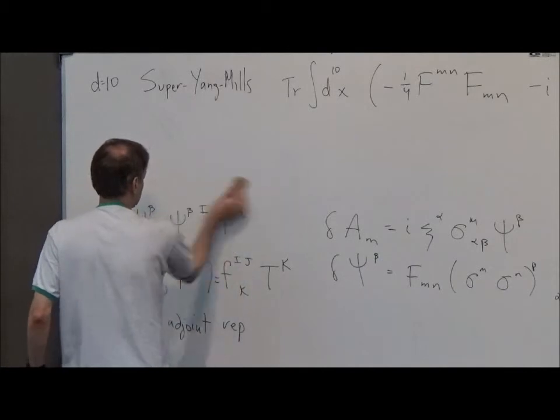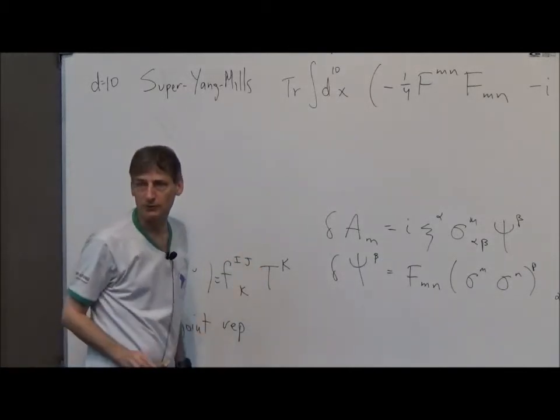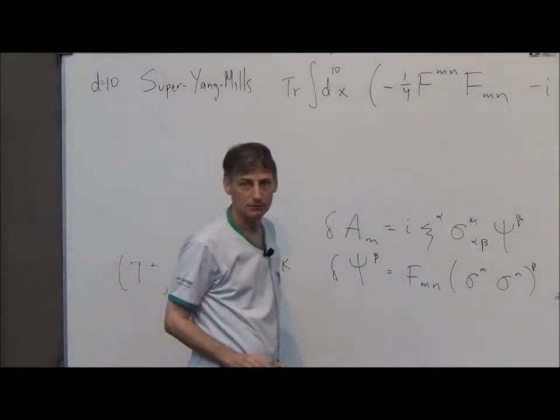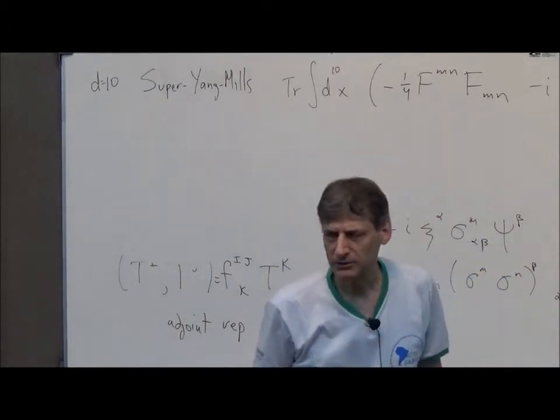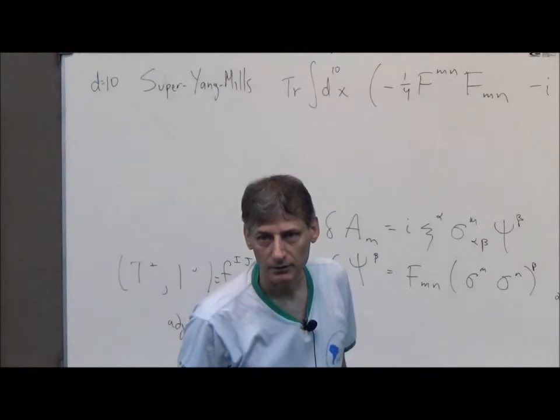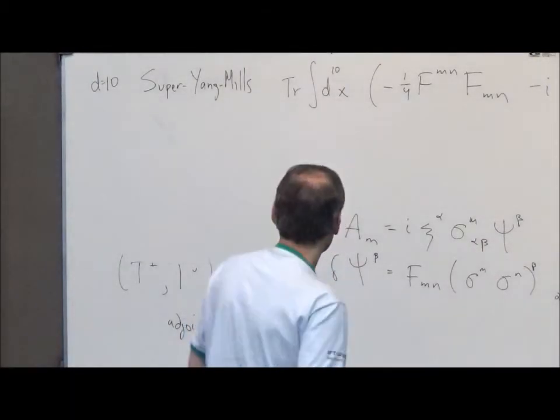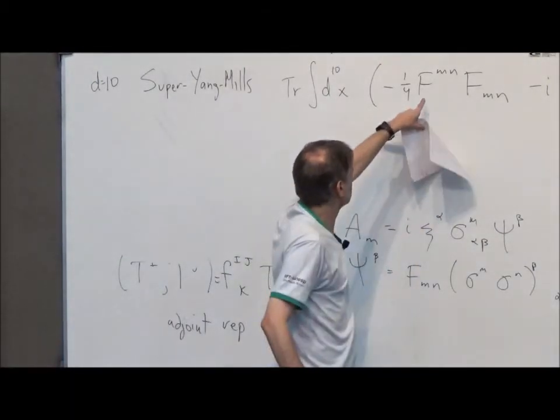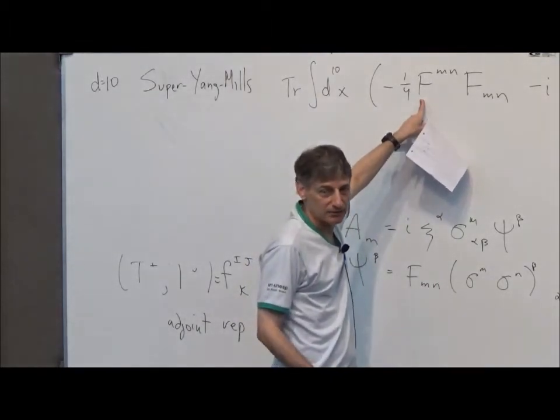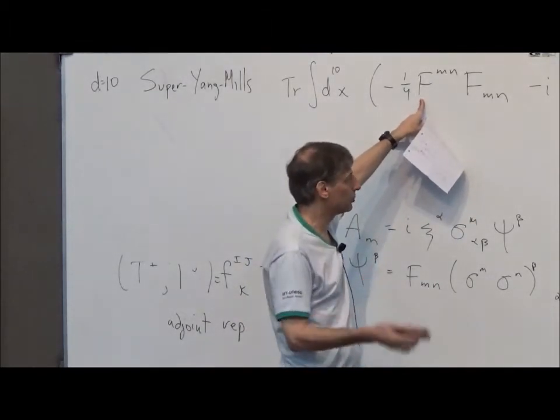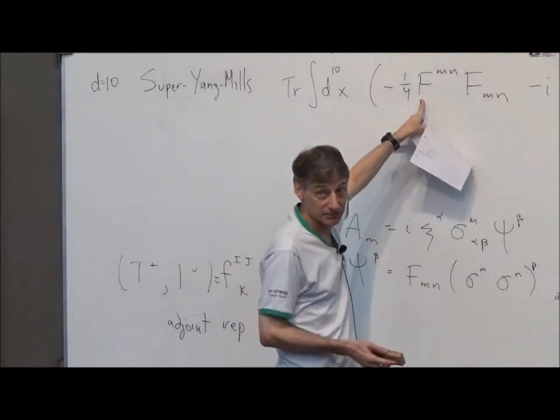Sorry, one question. Why does it have to be the adjoint representation? Is there some reason why you have to use the adjoint representation and not the fundamental or some other? So Yang-Mills is necessarily in the adjoint representation. And supersymmetry has the same number of bosons and fermions in every representation.